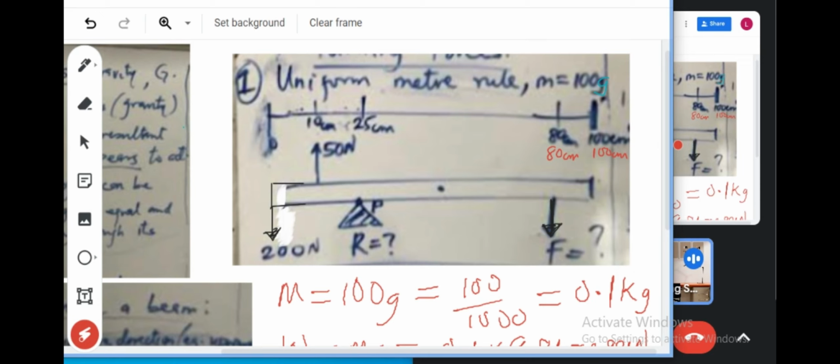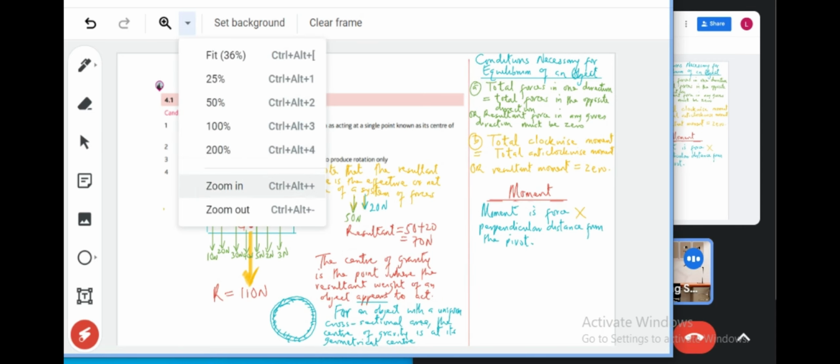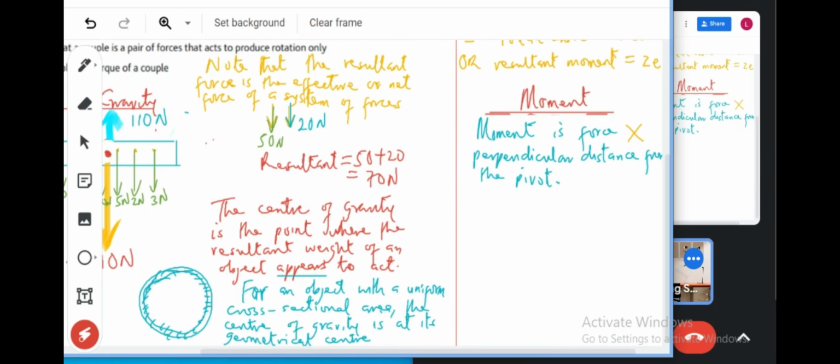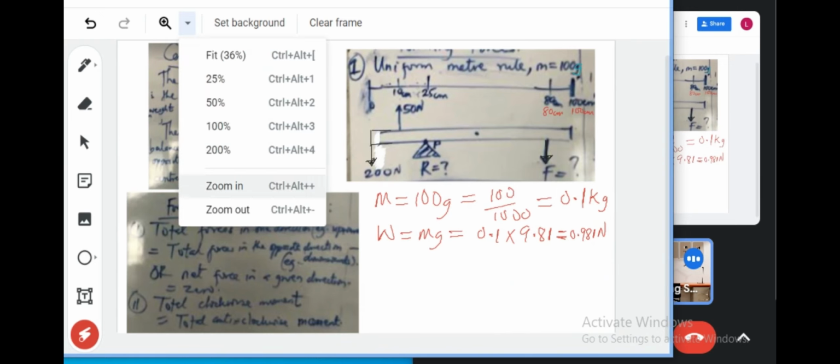Can you go to page 1 and remind us? I'm sharing my screen so you should see. The center of gravity is where the resultant weight, the weight of that object, will act. So it is at this point that the weight will act.